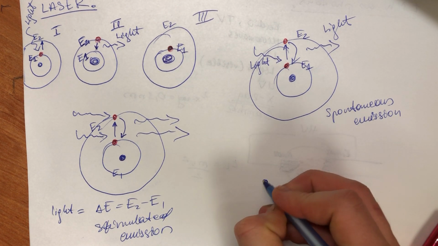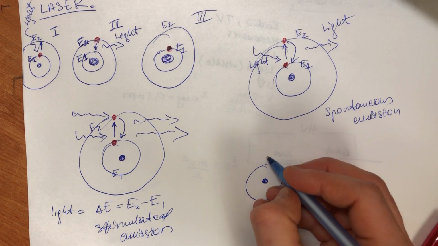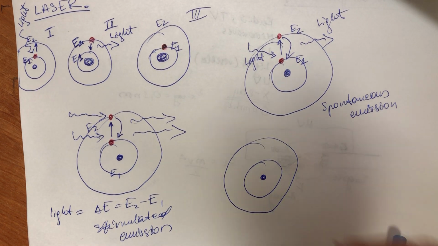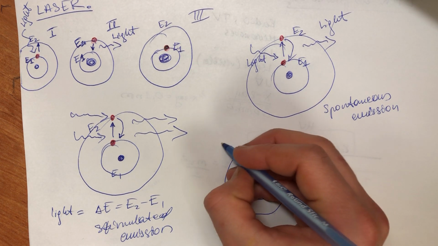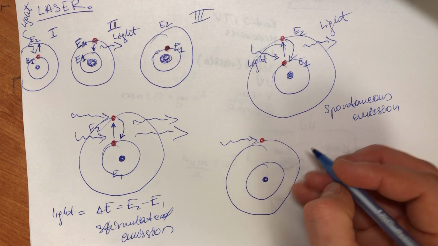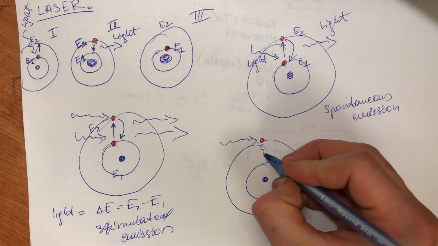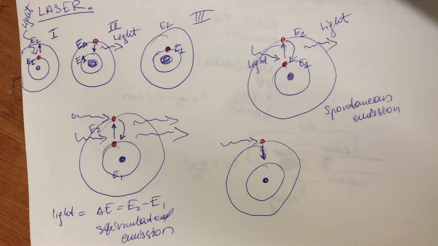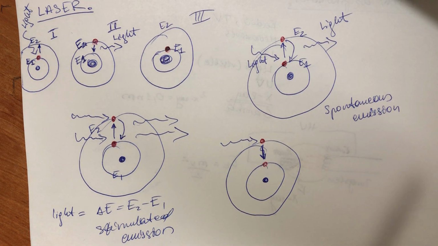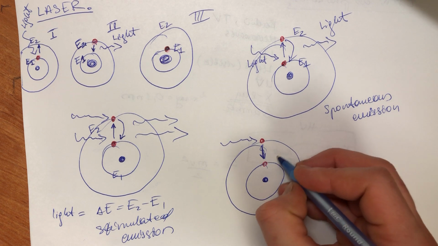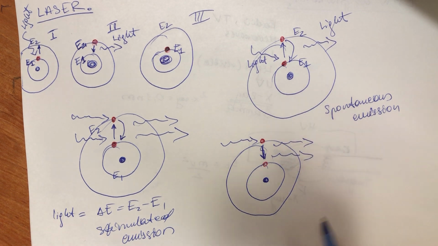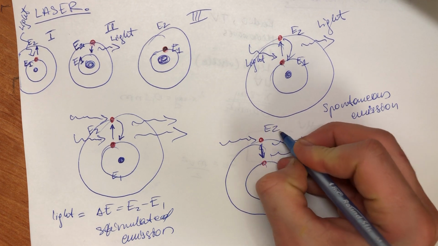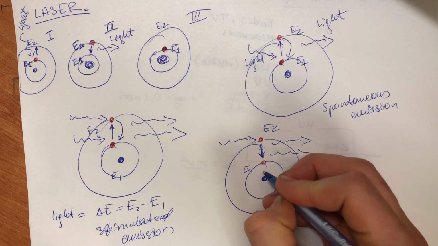If the material is arranged in a way that there are more electrons here, one light ray comes, this electron jumps here, and emits this difference and emits this light that made him jump, yes? Absorb. So here we also get amplification if we choose the material where there are more E2 state electrons.